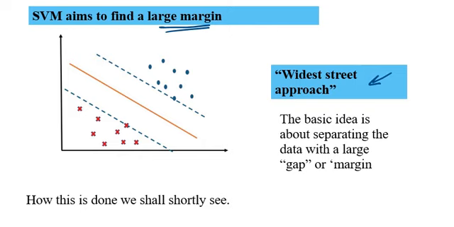So, the basic idea is about separating the data with a large gap or margin. So, this is my decision boundary. This is the decision boundary, and on both sides, we have the margin.